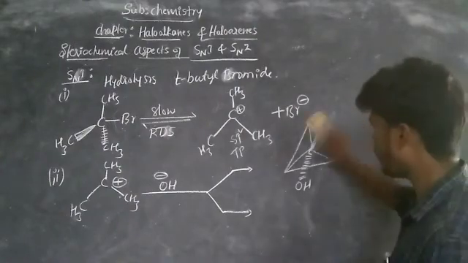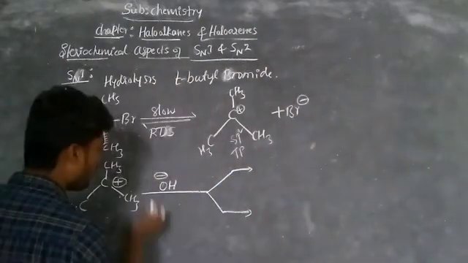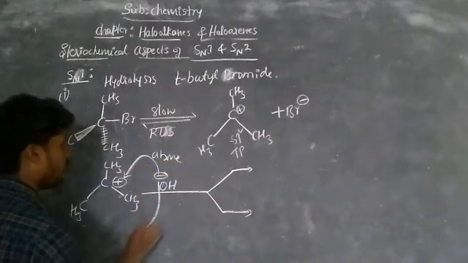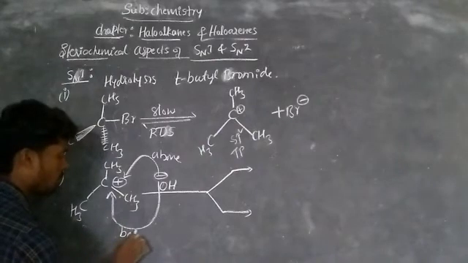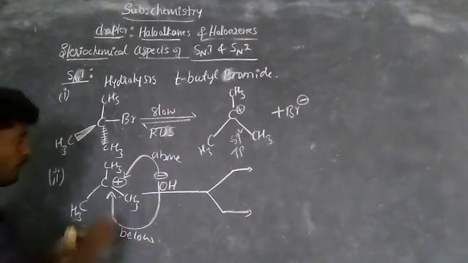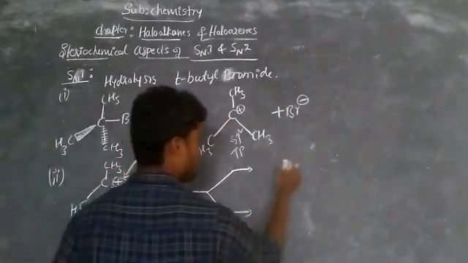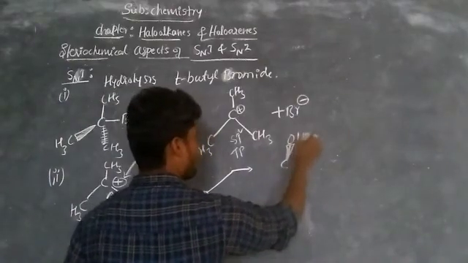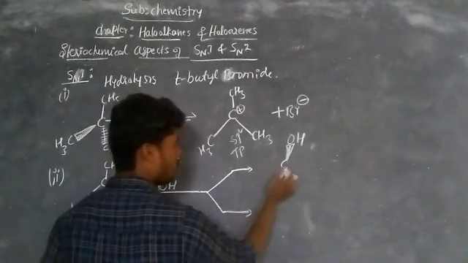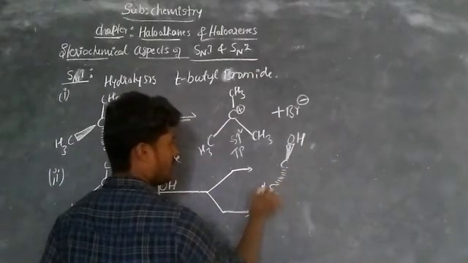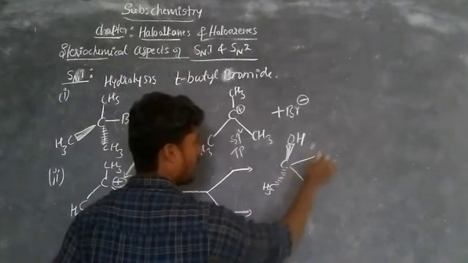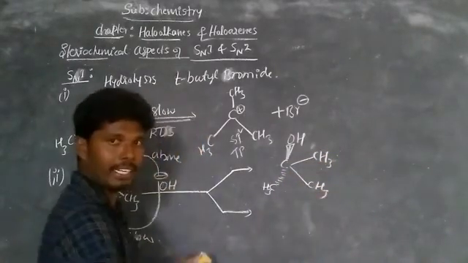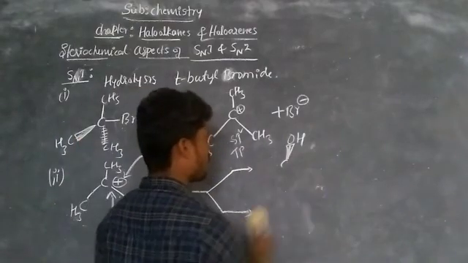Now observe here, if the nucleophile attacks above the plane, what do you get? Above the plane is OH, and one CH3 is below the plane, and the remaining two are on the plane, CH3, CH3. Just write it in tetrahedral geometry.